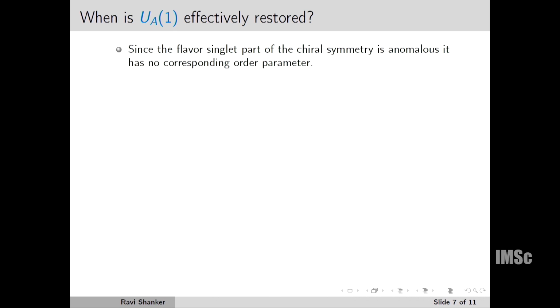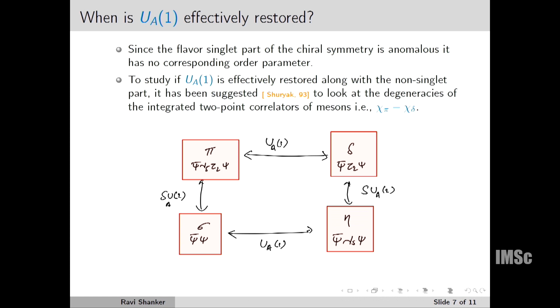Next, when is the U(1)_A effectively restored? Since the flavor singlet part of the chiral symmetry is anomalous, it has no corresponding order parameter. In order to study this problem, it was suggested by Shuryak to look at the degeneracies of the integrated two-point correlators of mesons, which are chi_pi minus chi_delta.